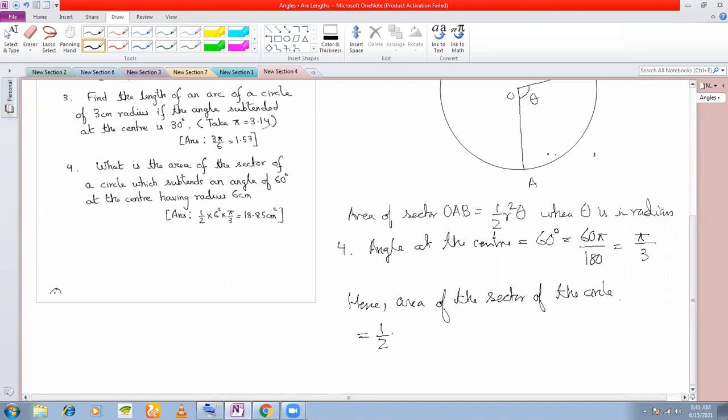Half r square theta. The radius given here is 6 centimeters, and theta is pi by 3. Put the value of pi, and you will get 18.85 square centimeters. Since nothing is mentioned here, you can put pi equal to 22 by 7 also, or you can put 3.142 also, no problem, since the value of pi has not been specified.